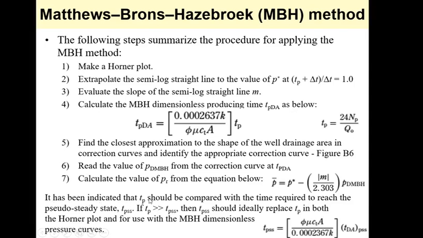Now, it's noteworthy that it's usually recommended that the producing time should be compared with the time required to reach pseudo-steady state. If the producing time is way larger than the time required to reach pseudo-steady state, the time to reach pseudo-steady state should replace tp in this equation, and that will be used in calculating the average reservoir pressure.